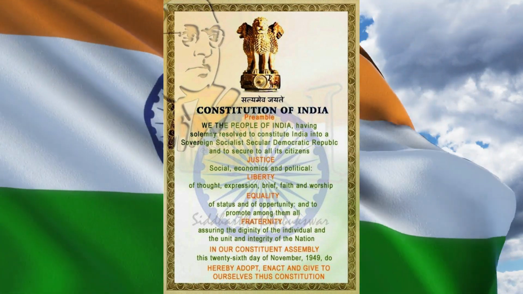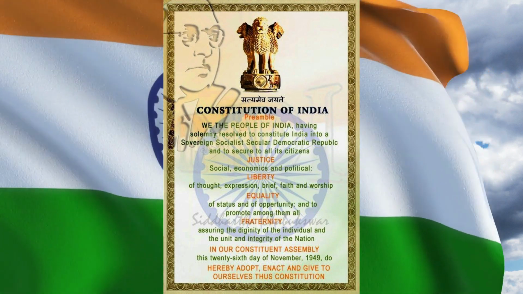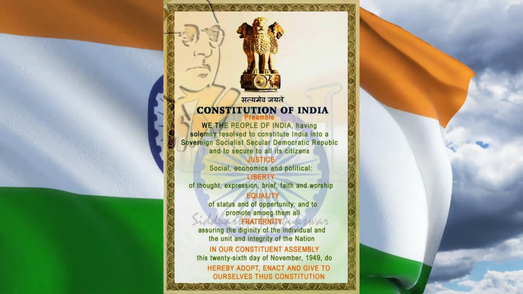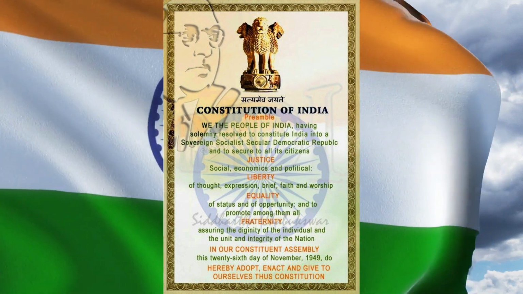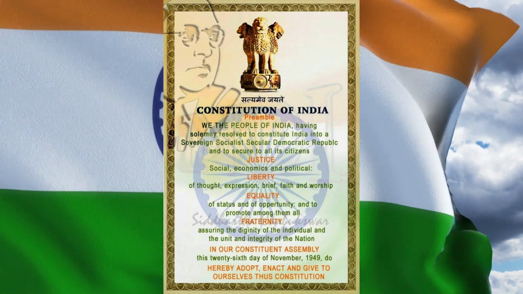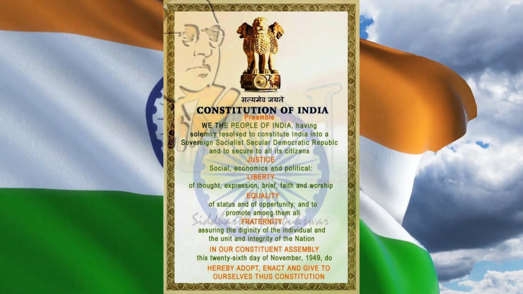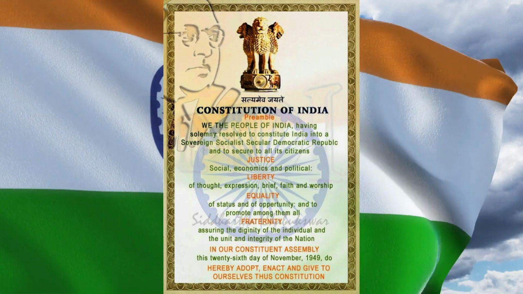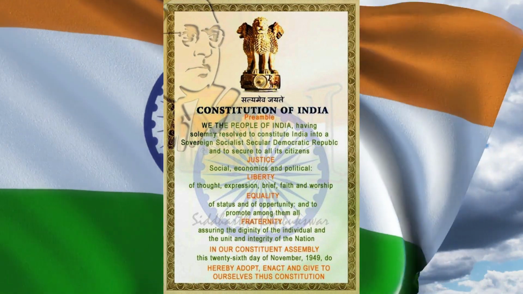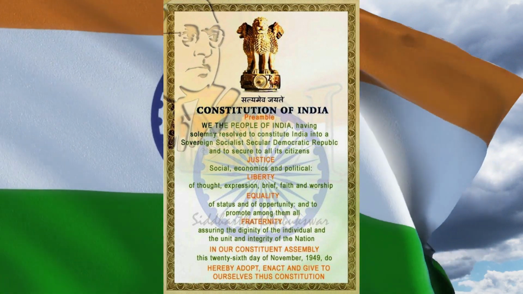Secularism. The Preamble states that India is a secular country. This means that there will be no state religion. All religions will be treated equally. Democracy. Democracy is one of the most important features of our Constitution.